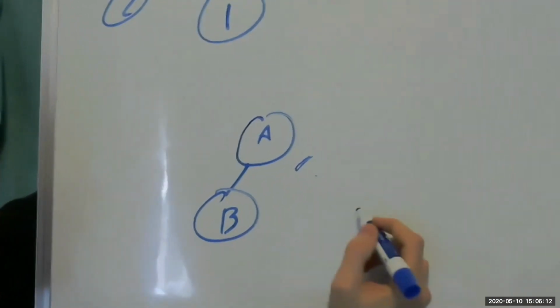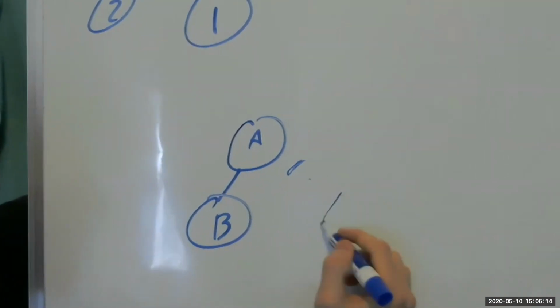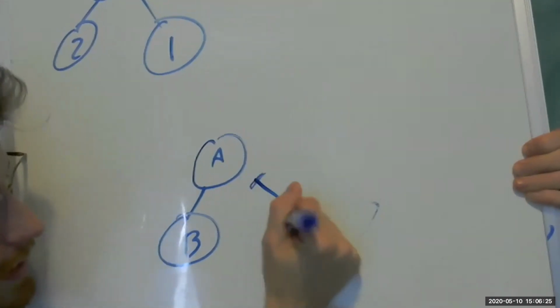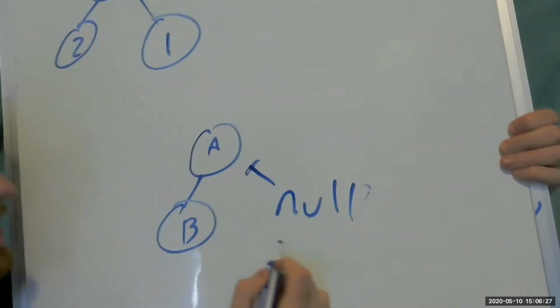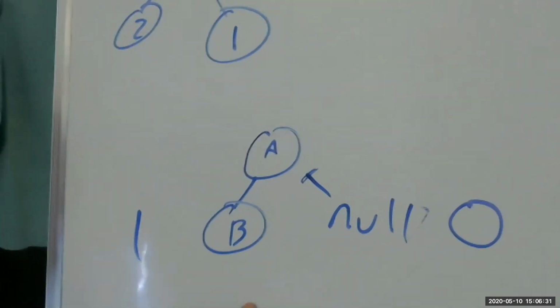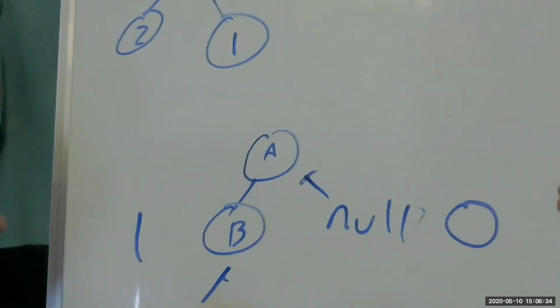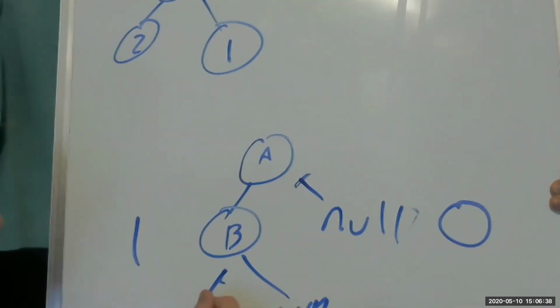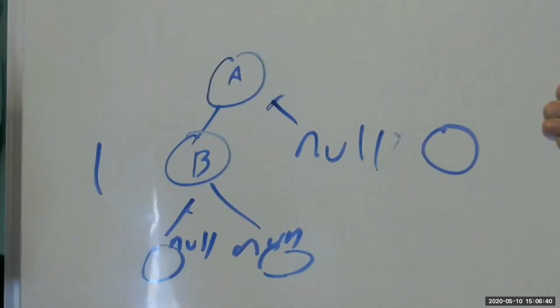So what's the depth of this child? That's 1, right? Right now it's 0, right? Exactly. So if this pointed to null, this is 0. This is 1 plus 0, we could say 0 for null, right?